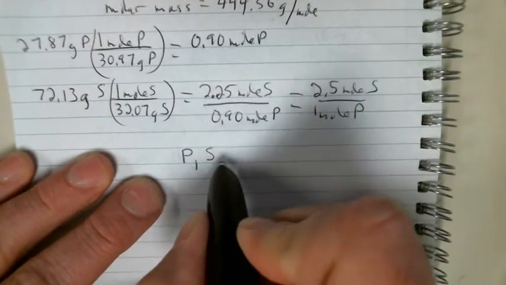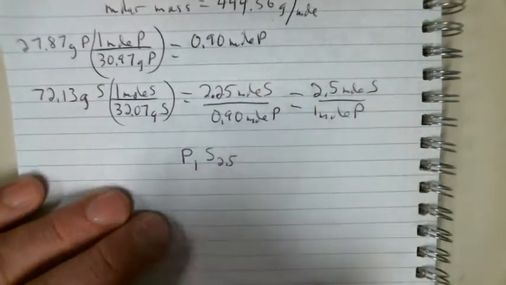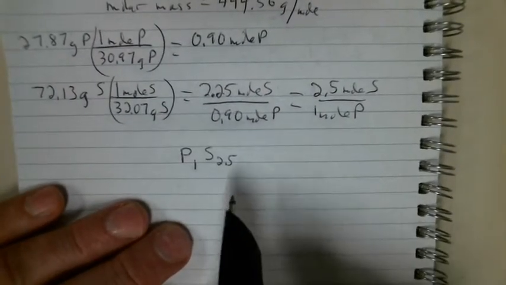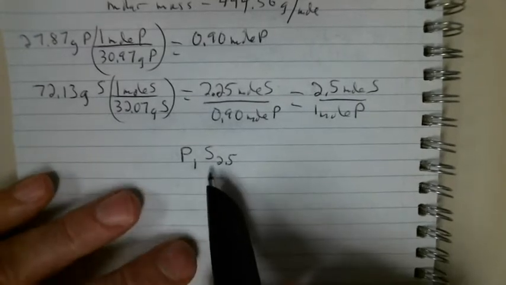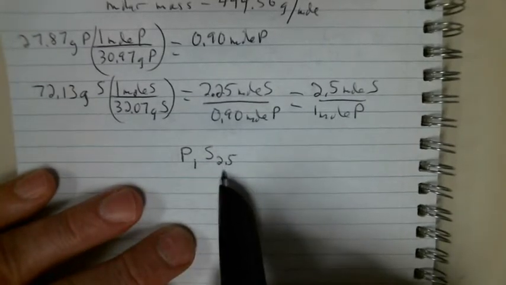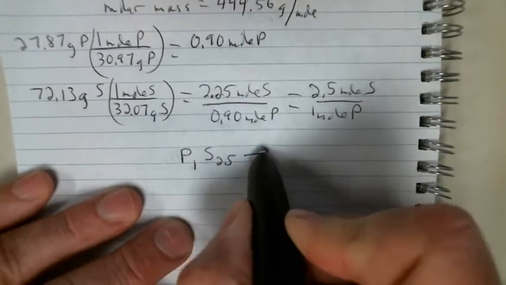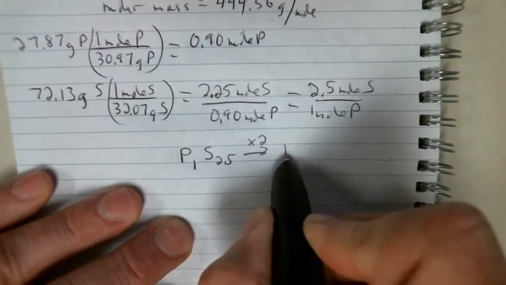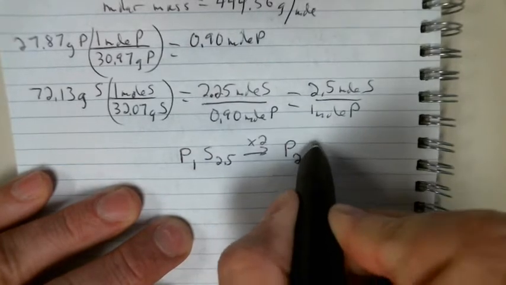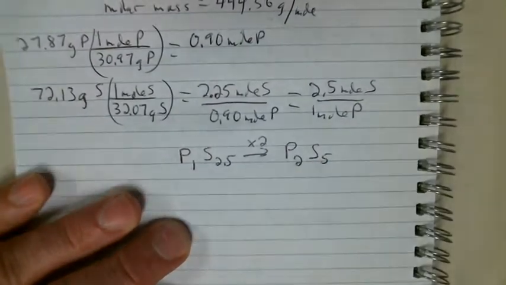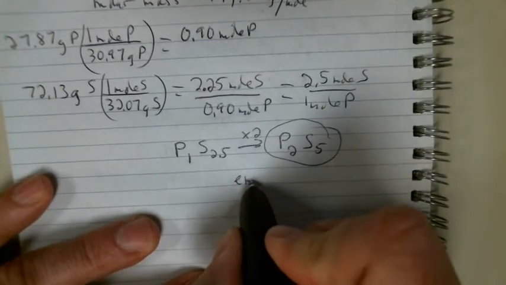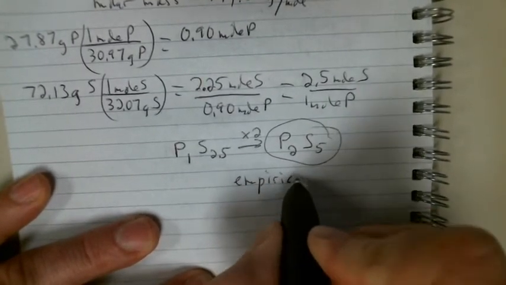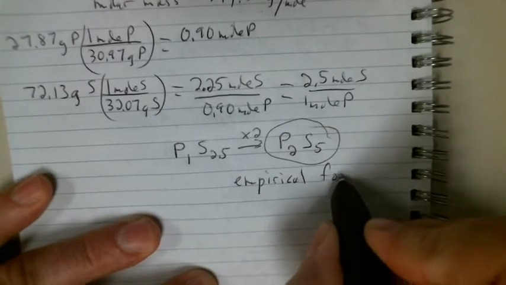Phosphorus 1, sulfur 2.5, and then see how can I get these to whole numbers. I can't change the relationship between them. So 2.5, if we multiply it by 2, it will be a whole number. So times 2, it's phosphorus 2, sulfur 5. And that, in fact, then is the empirical formula for that compound.